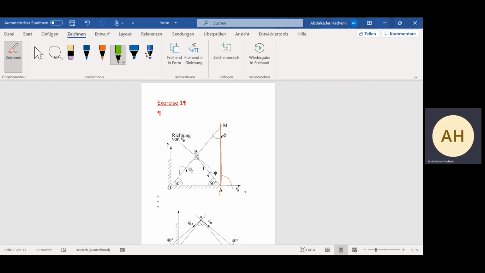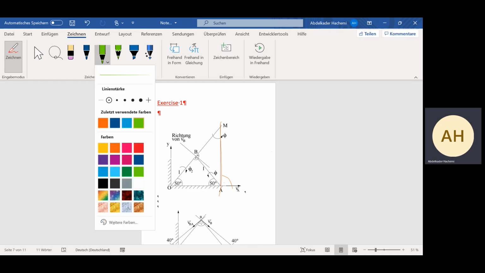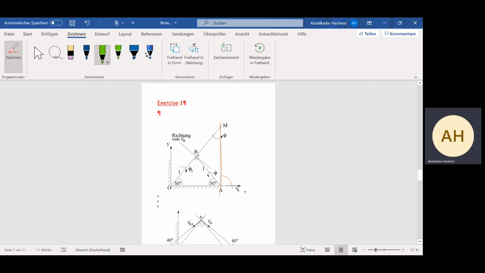And it means we know now the direction of VB. Okay, this is the direction of VB.